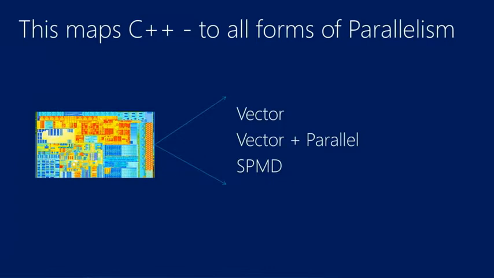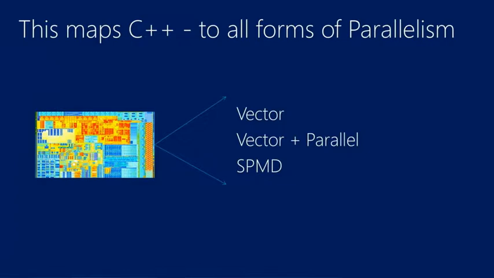So this technology that we've built really maps C++ to all forms of parallelism. Vector, and multi-core. So what we do is after we vectorize the code, we then pass it on to a later phase, which will rip out the loop bodies that have been vectorized and fling them across the cores. Or SPMD, which is meant to be for the graphics or the GPU side of the world.